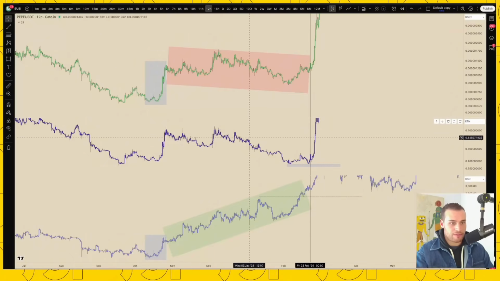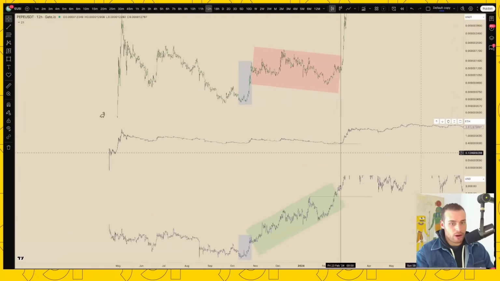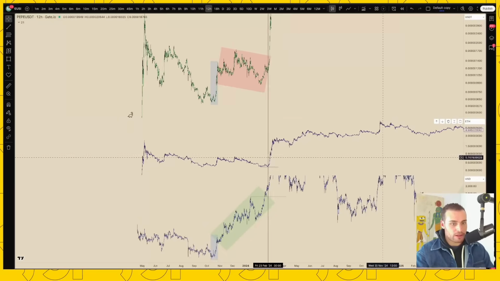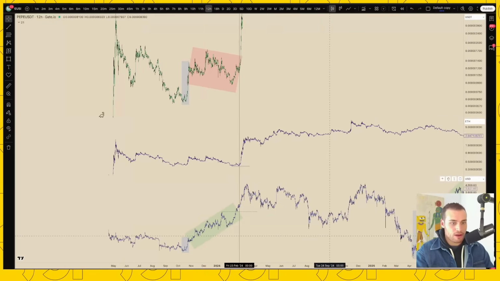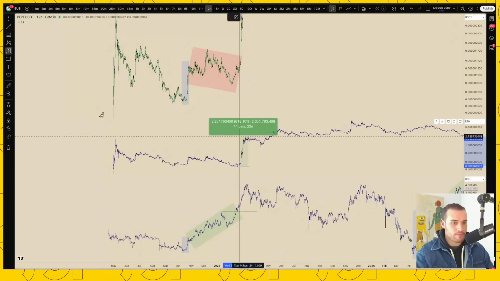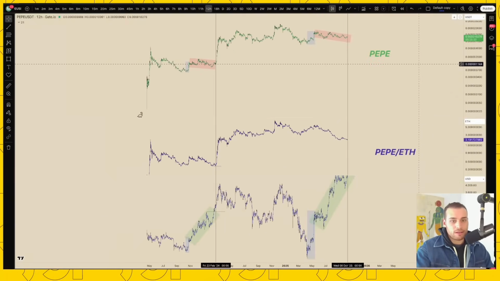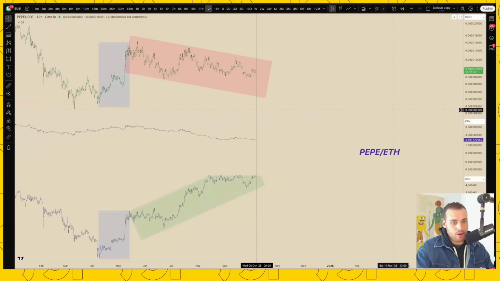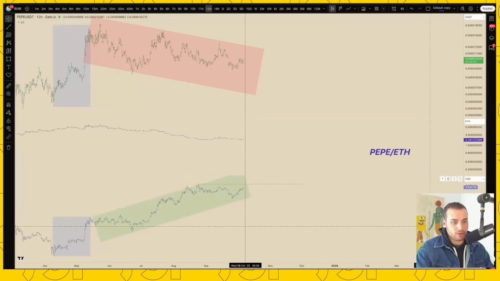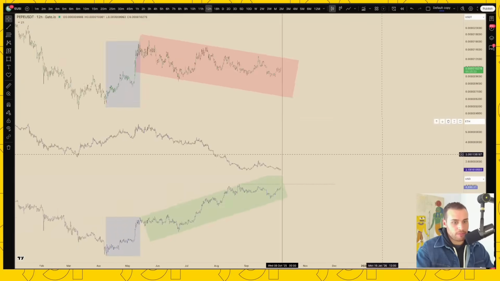So after months of bleeding, bottoms, bounces a little bit, comes in for a double bottom, and then it ripped, right? Then it ripped. PEPE ripped like 12x, ETH kept ripping, but the PEPE Ethereum pair ripped from that double bottom 7x in 3 weeks. Okay, insane move. So much fun. Now, if we look at what we're doing right now, zoom in a little bit.